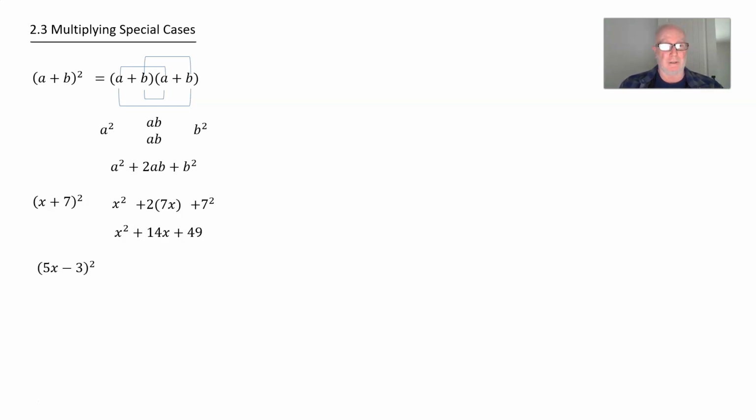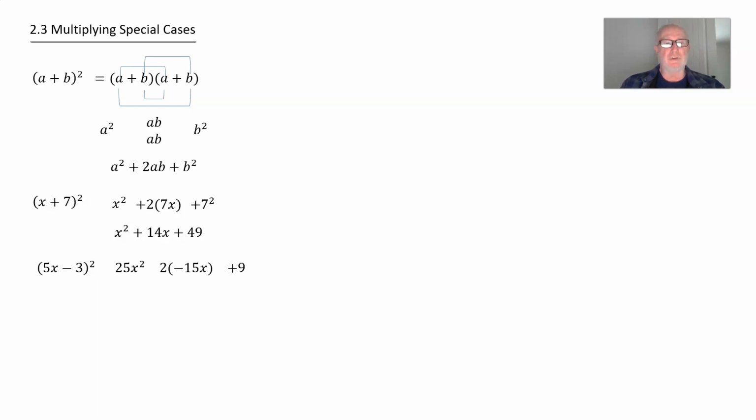Okay, here's another example. 5x minus 3 squared. We're going to square the first term. 5x squared is 25x squared. Square the last term. 3 squared is 9. And then multiply the two terms together. Negative 3 times 5x is negative 15x.